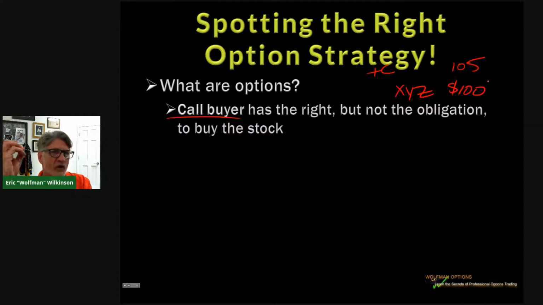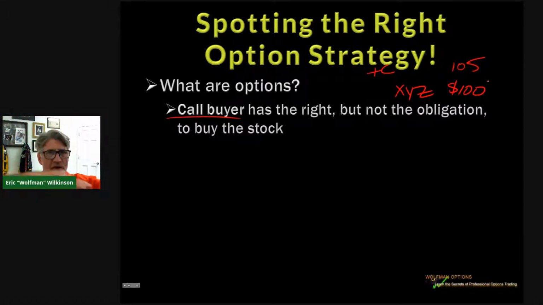So that 105 call when it's trading 195, there's $90 in value in there. There's some extrinsic value, maybe $1 or $2 even. So you don't want to leave that on the table. So cover the trade and go out there and buy the stock. You already offset yourself from basically 105 to 195, right?